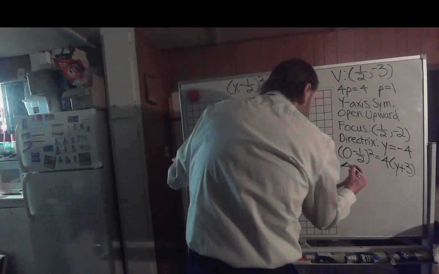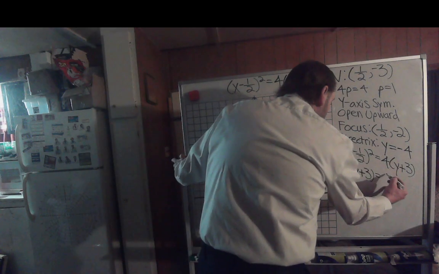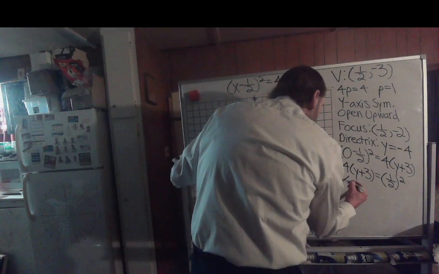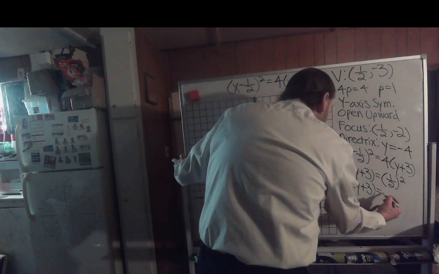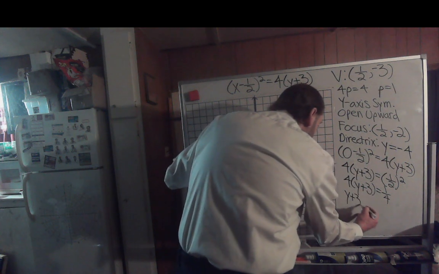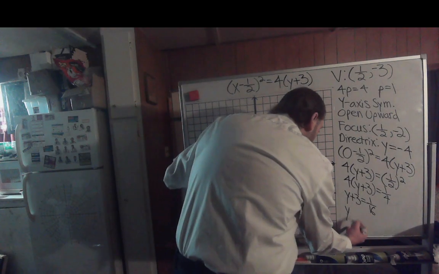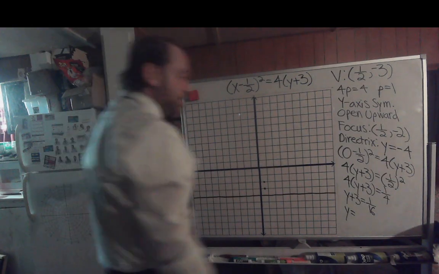So this would give us 4 times (y plus 3) equals (1/2) squared, which would give us 4 times (y plus 3) equals 1/4. So that would give us y plus 3 equals 1/16, which would mean y equals 1/16 minus 3.